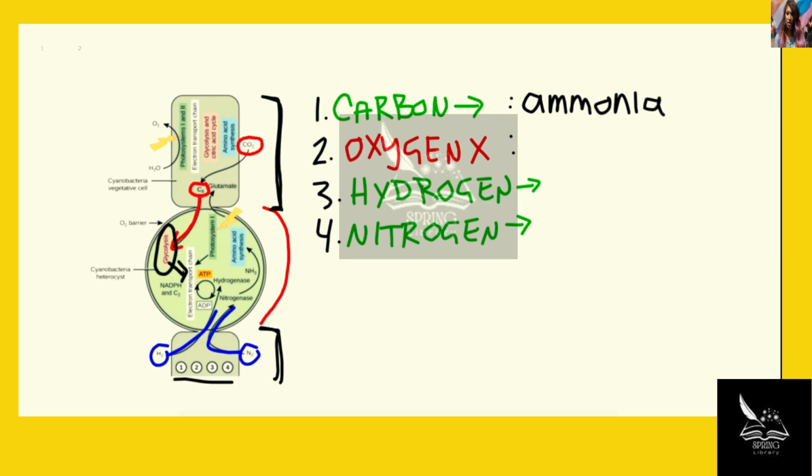Okay, now omitting oxygen, the inside of the heterocyst is actually anoxic, so it's an oxygen-free environment. So by omitting it, we're maintaining that. And so this is oxygen regulation.